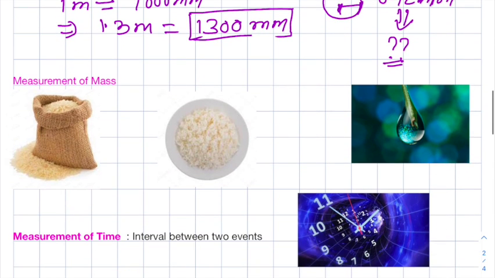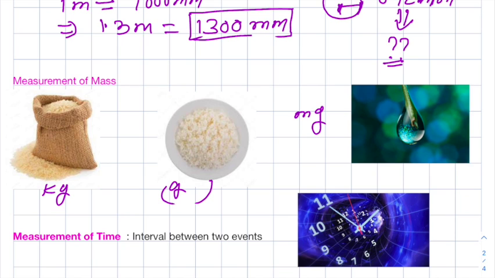Another important measurement is measurement of the mass. We measure the bigger quantity of mass in kg, and smaller, like a bowl of rice, in gram, right? And a drop of water we can measure in milligram, mg. We denote the gram as g here.